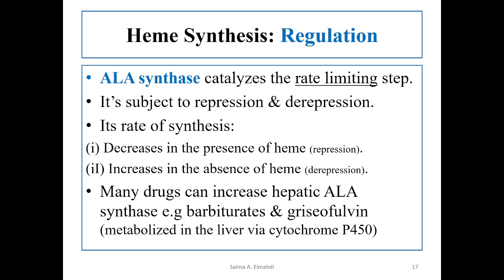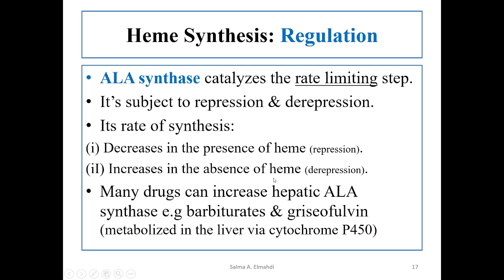How is heme synthesis regulated? ALA synthase, or alpha-aminolevulinic acid synthase, catalyzes the rate-limiting step of heme synthesis. It is subject to repression and de-repression, both by heme. In the presence of heme, the rate of synthesis of the enzyme itself decreases, and this is called repression.